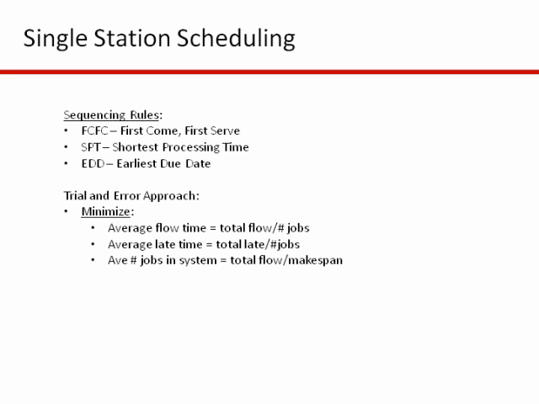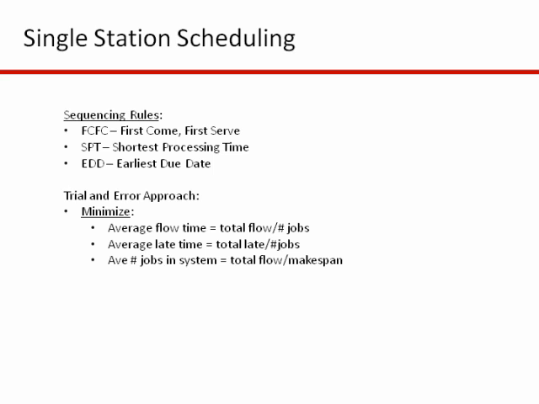The first one is first come, first serve, which means that we're going to sequence the jobs alphabetically through the station. The second sequencing rule is the shortest processing time, so we're going to sequence the shortest jobs first. And then early due date would mean we're going to sequence the earliest due jobs first.